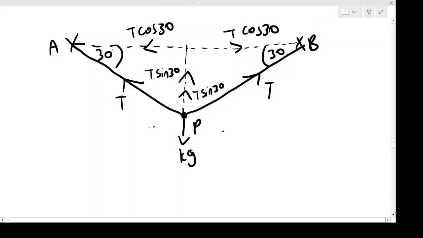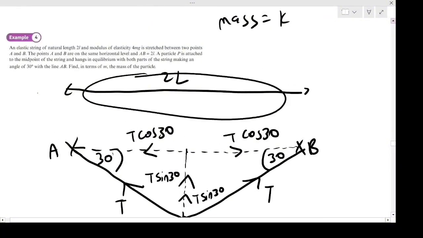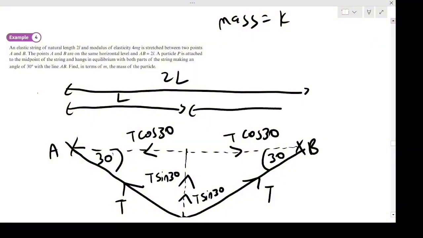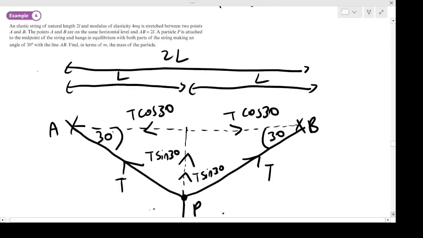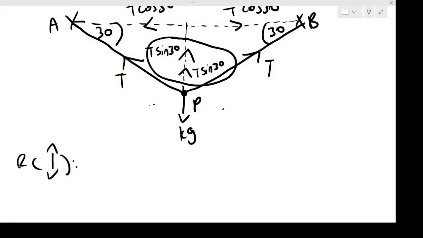Hopefully happy with this. These are all my forces. Because it's in the midpoint, I know the whole length is 2L from A to B. The midpoint is L each side. So now let's resolve. Let's firstly look up and down. I've got my two forces up, T sine 30 and another T sine 30.